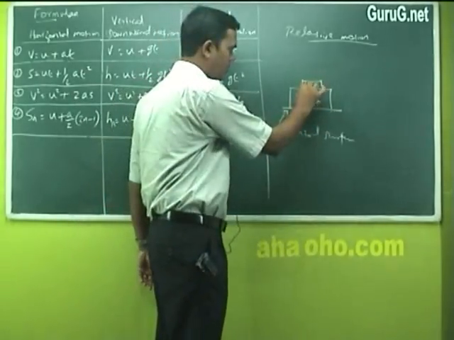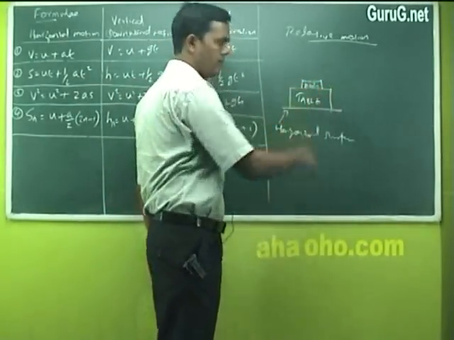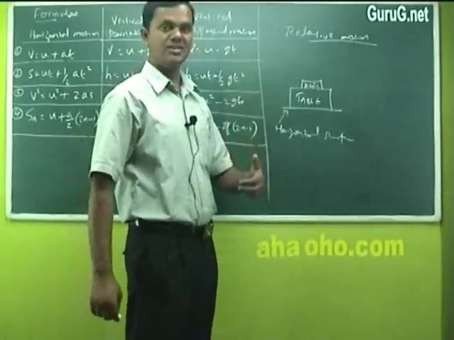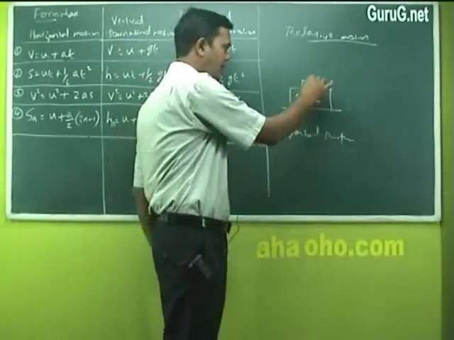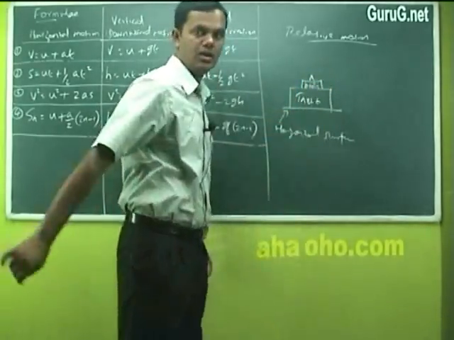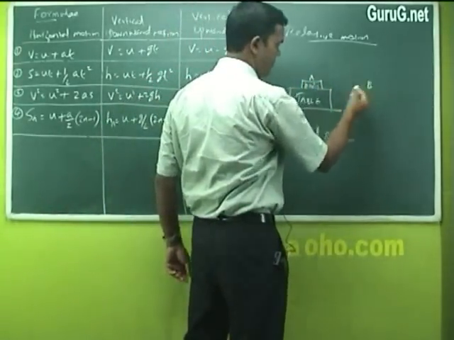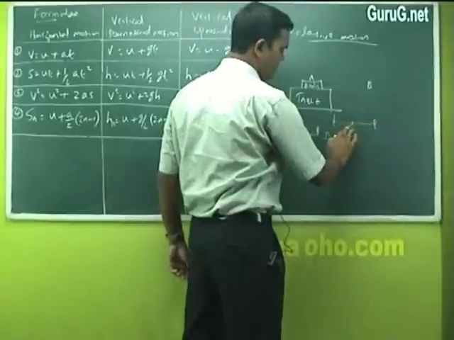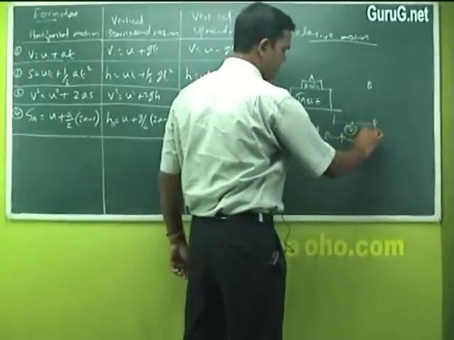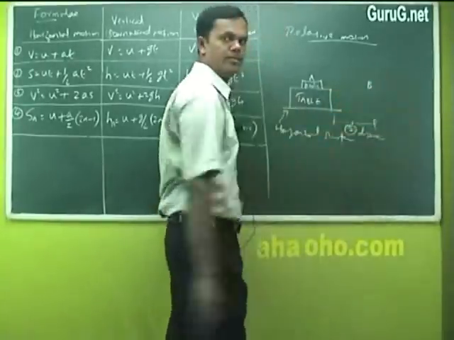This is a body. Now my aim is to move this body from position A to position B, some distance D, or it is given a symbol S. I want to move it.